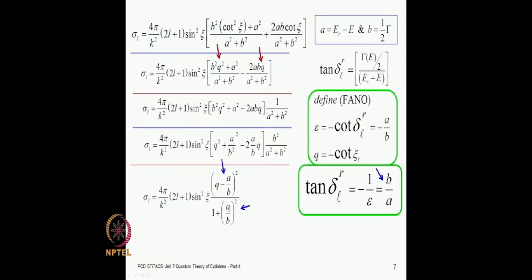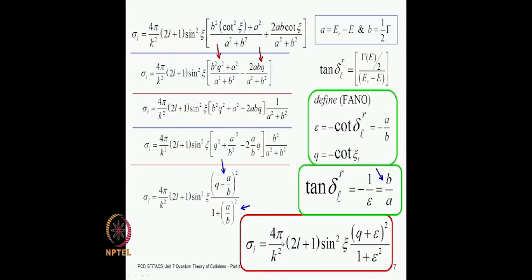So the a over b is here, the q is here, and that allows us to write the scattering cross section for the Lth partial wave in terms of the Fano parameters q and epsilon. So the numerator here is just the square of q plus epsilon, and the denominator is just 1 plus epsilon square.